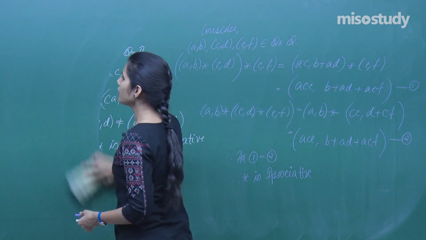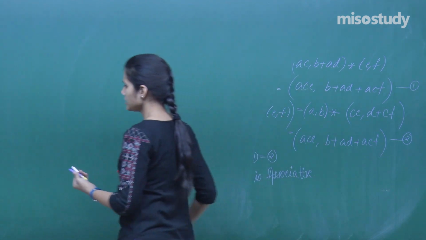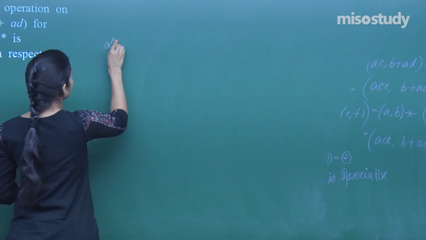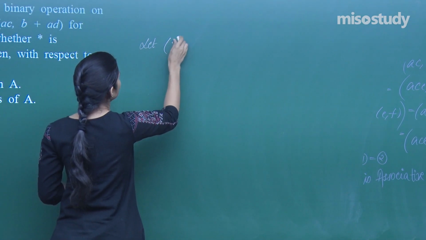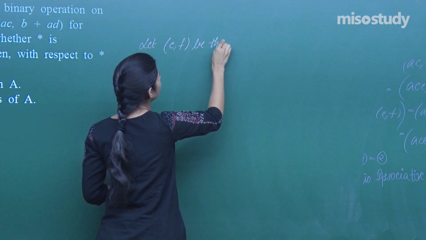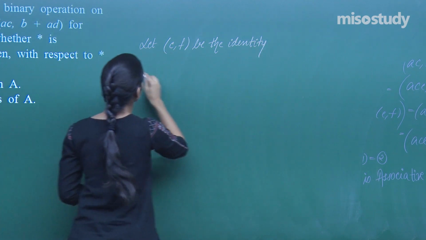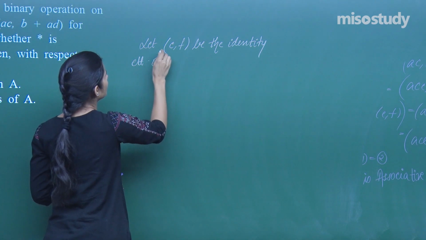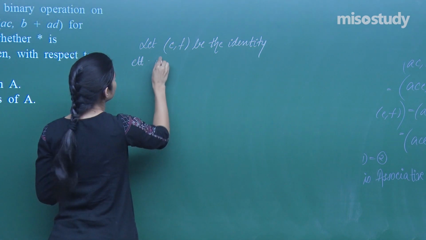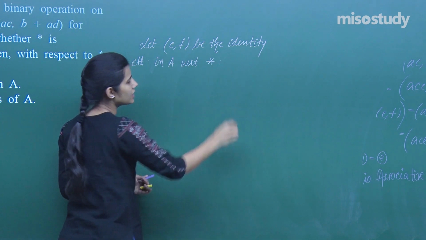After this we need to find the identity element in A. Let us try to compute the identity element. I am saying let (e, f) be the identity element in A with respect to star.